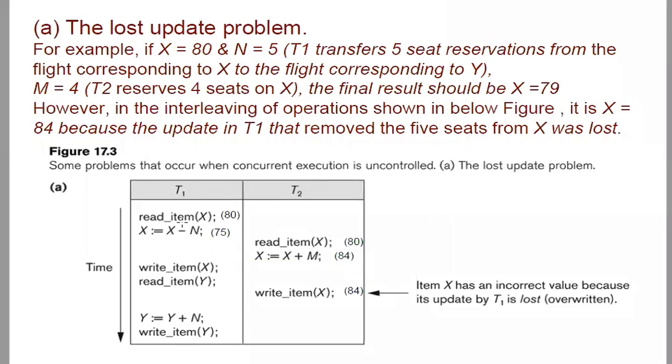In transaction T1, after subtracting 5 from x, which gives 75, you have to write the item x. Then 75 will be updated properly, and while reading the x value, transaction T2 will get 75 instead of 80. The original value is missing here. That is what we mean by the lost update problem.